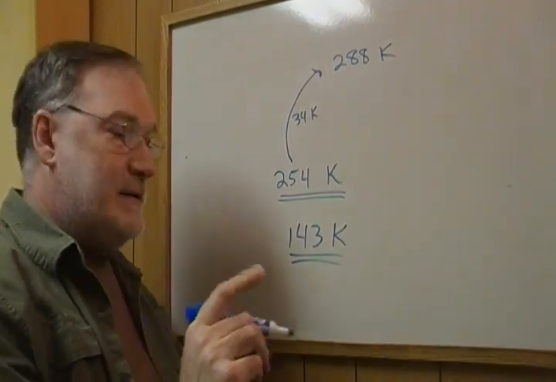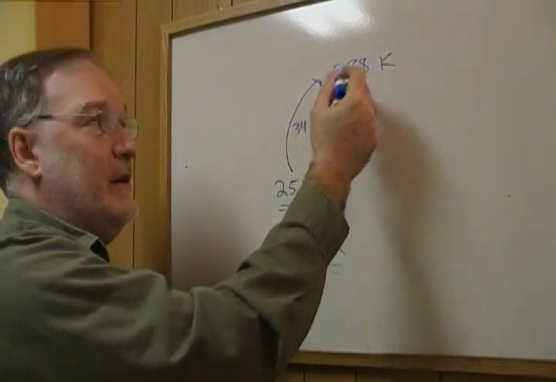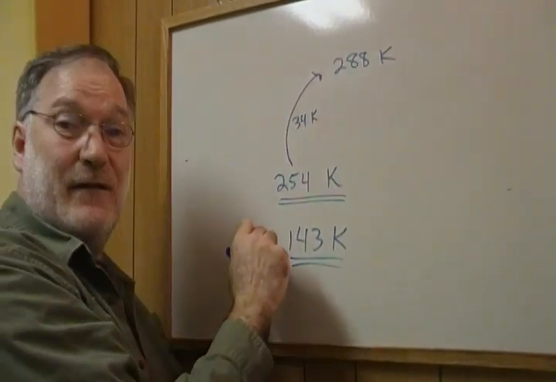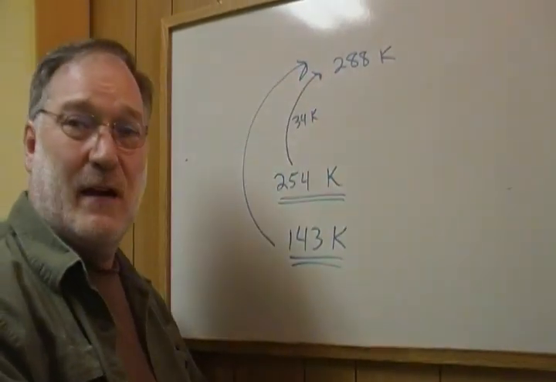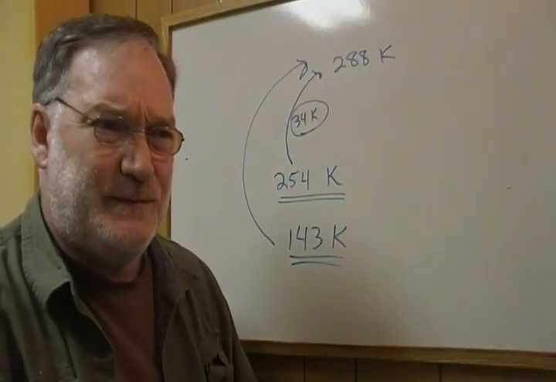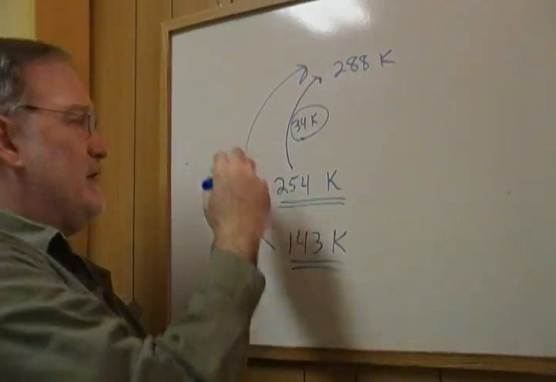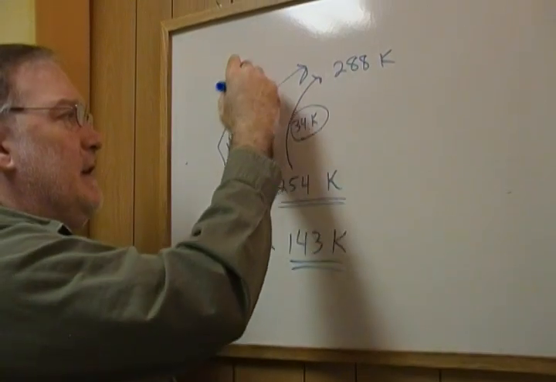The reality is something is warming the Earth not from 254 Kelvin up to 288 Kelvin, but from 143 Kelvin all the way up to 288 Kelvin. So instead of 34 degrees of warming, Earth has to be warmed 145 degrees Kelvin.